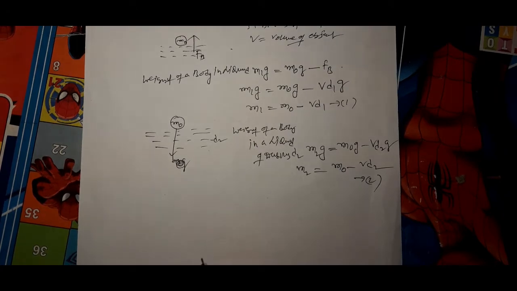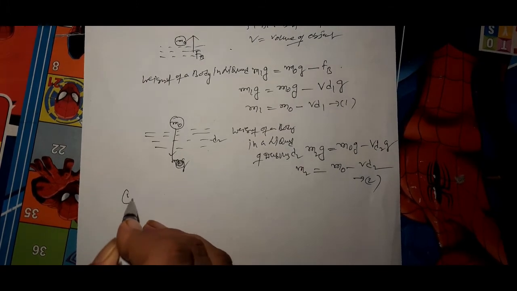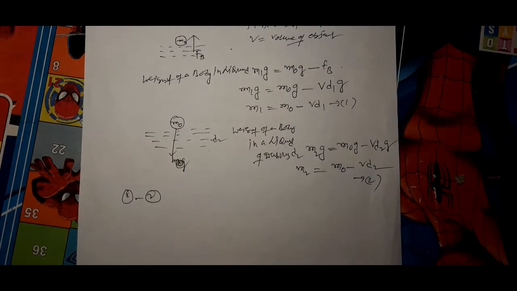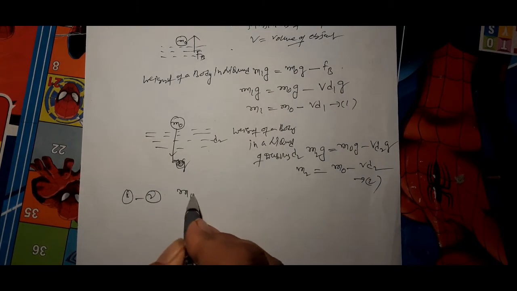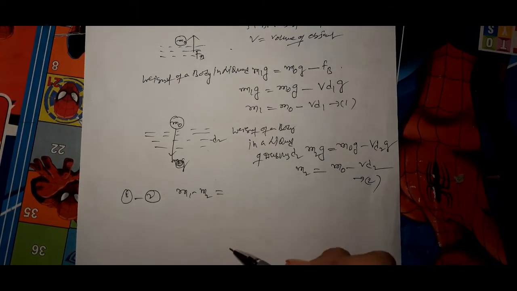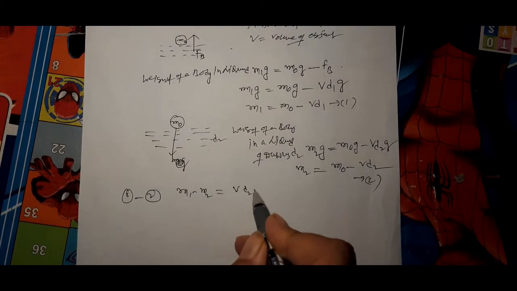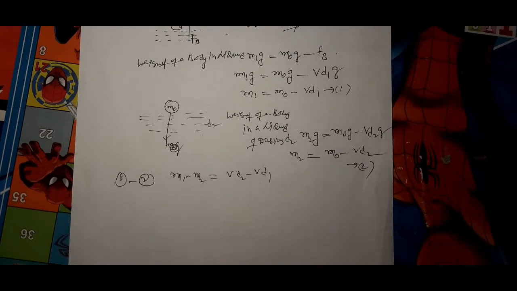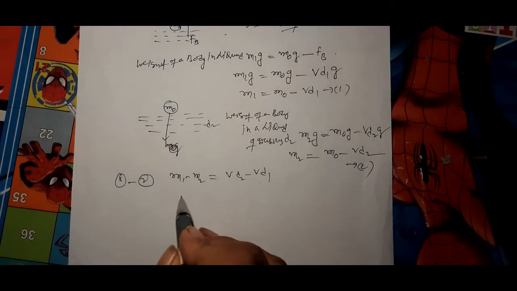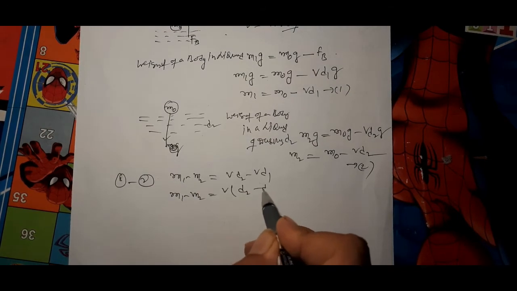Now subtract equation 2 from equation 1. Here m1 minus m2 is equal to V d2 minus V d1. So m1 minus m2 is equal to V into d2 minus d1.